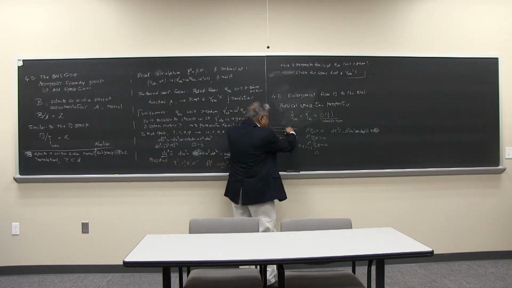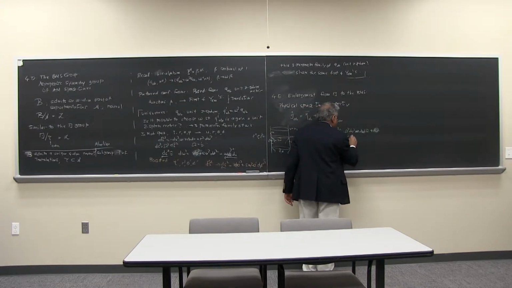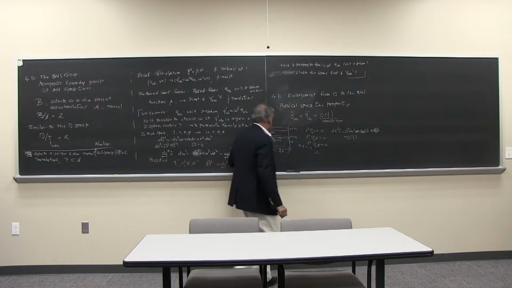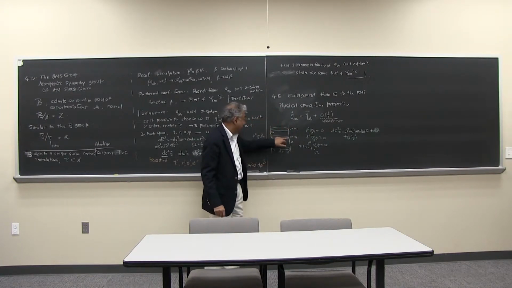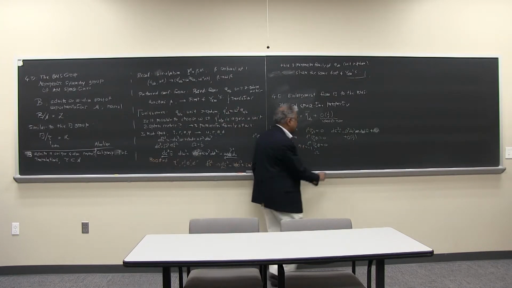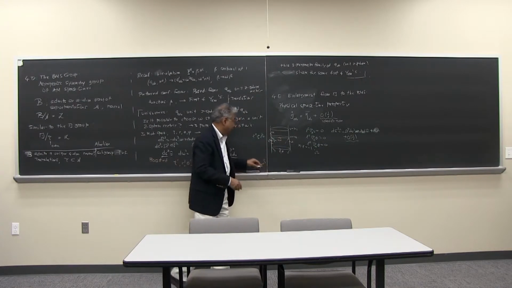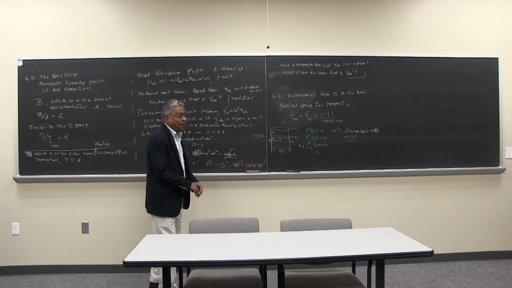And then when you go inside, you acquire terms of the order of 1 upon r. But since you are Lie dragging, parallel transporting these vectors and Lie dragging the coordinates, these terms of the order of 1 upon r are of a specific type, and you will see in the problem what type. It's a very generic thing.